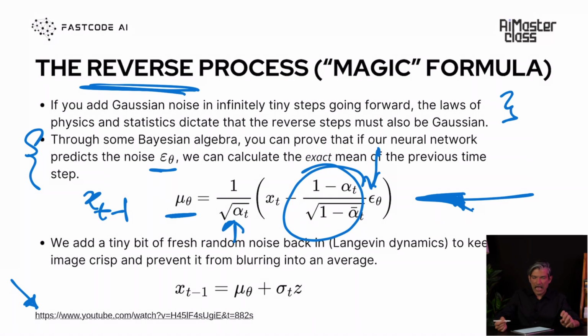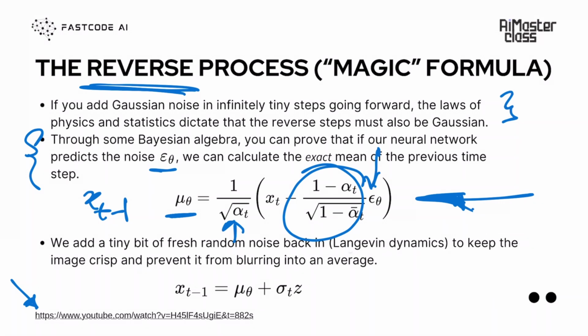This is basically saying how much noise I should reduce, because I know how to get to the final step. But if you just want to take one time step, this is how much it should be. And this comes out of the derivation, so look at that video. And this Langevin dynamics is another non-intuitive thing that we do, where this helps with diversity.